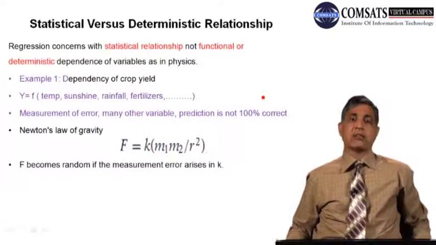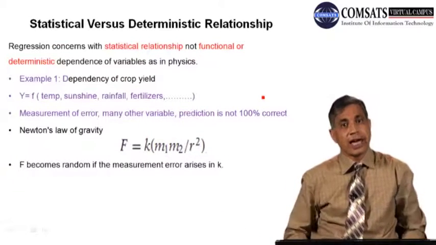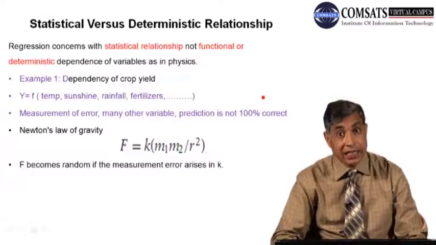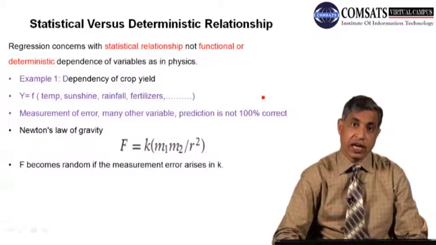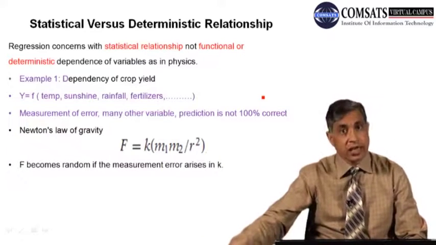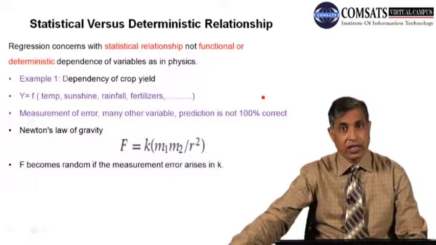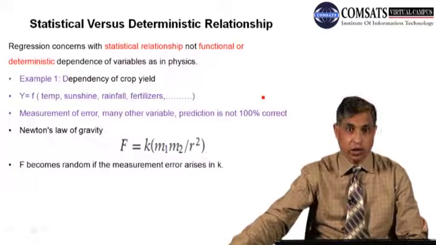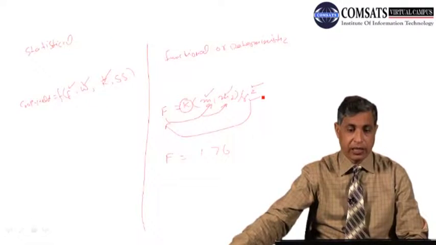After explaining this, my concern was to say that in regression we are concerned with the statistical nature of the relationship between the variables. One is the dependent variable, and there may be one or more than one independent or explanatory variables.